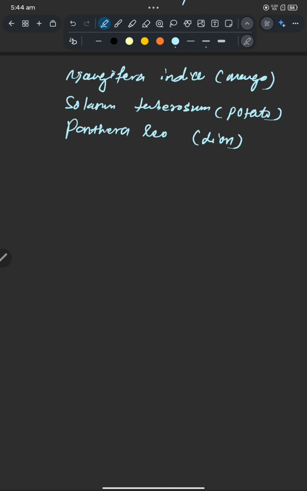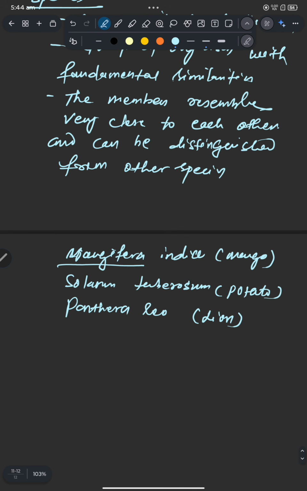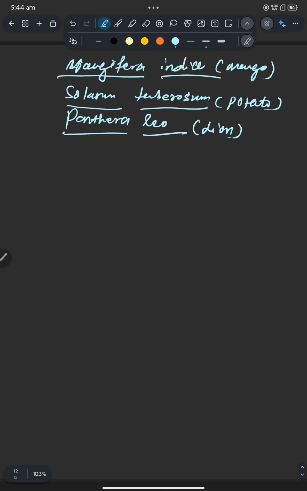Okay, can you tell me the name I have written is correct? How many of you say that it is correct? But I say it is wrong, because I have written the scientific name and it is handwritten. So I have to underline the species name and generic name separately. I have not underlined this one. So that was the mistake I have done.